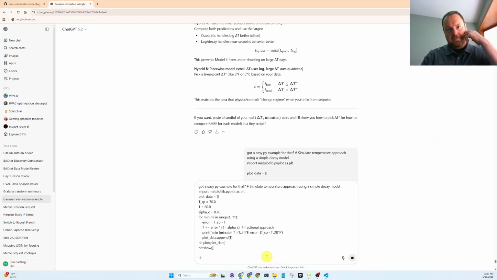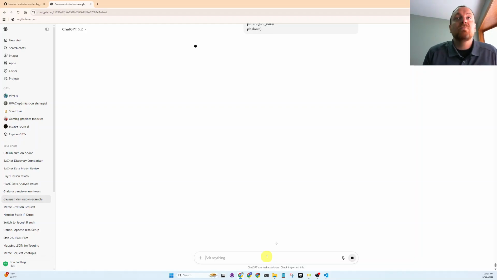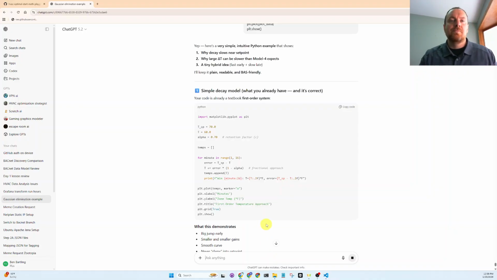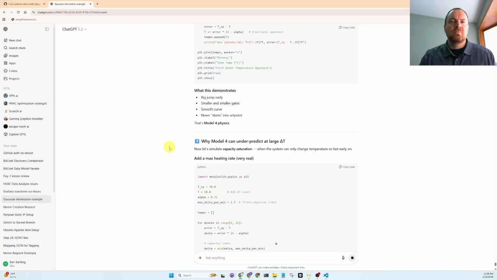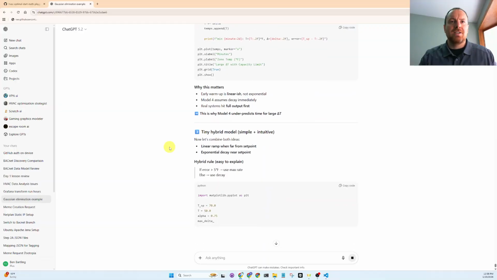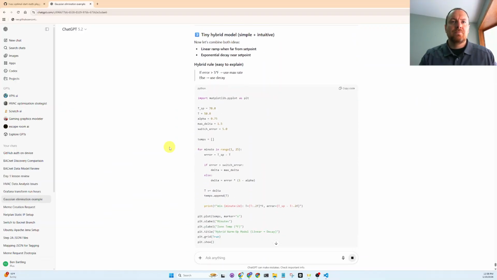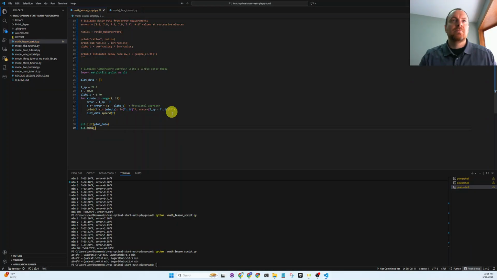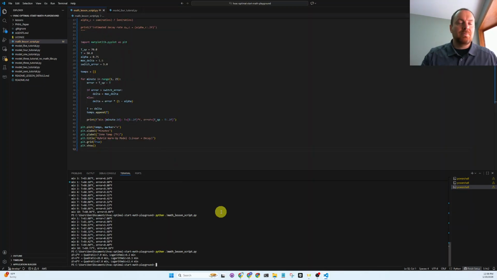Let's just see what it says. Yep, here's a very easy Python code. I want the tiny hybrid model. Okay, here's our little hybrid model.